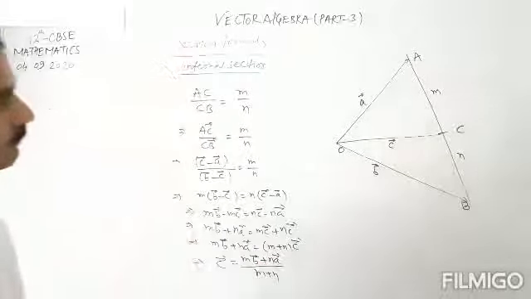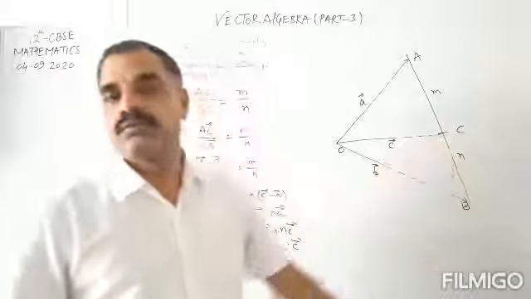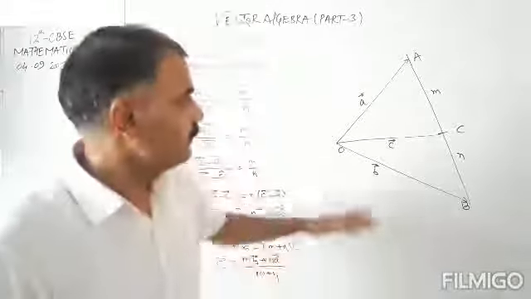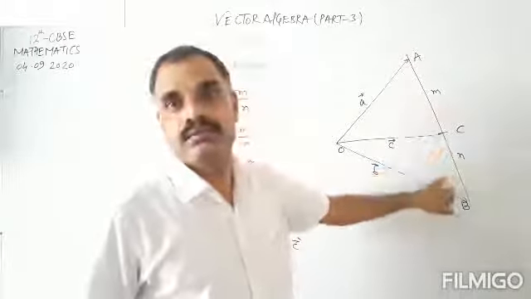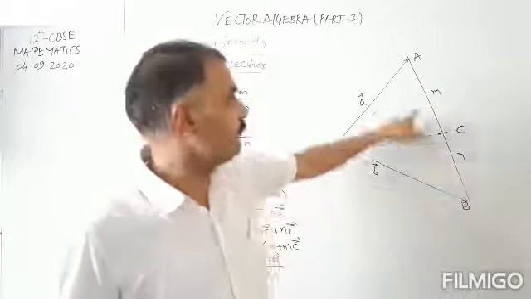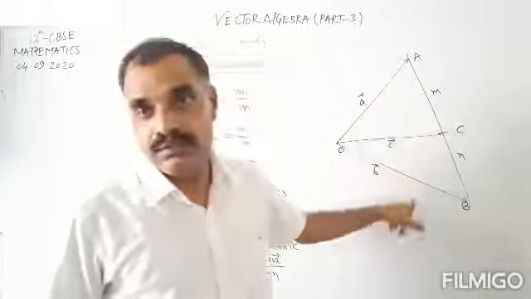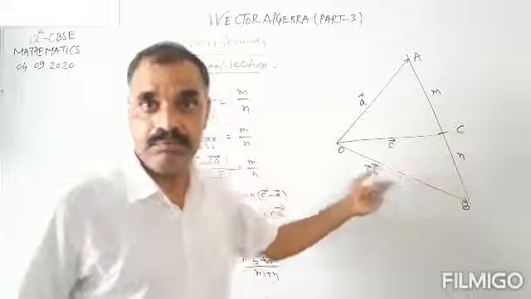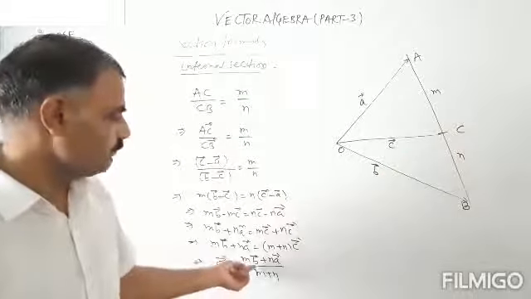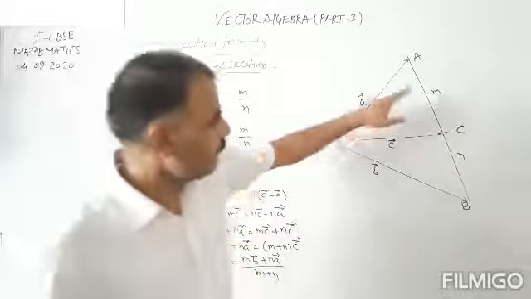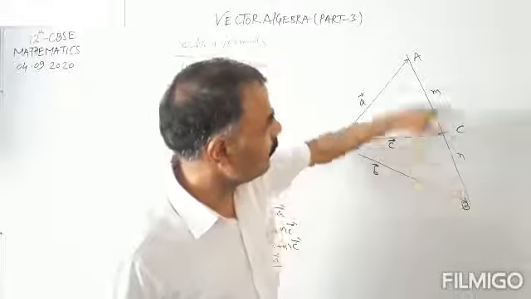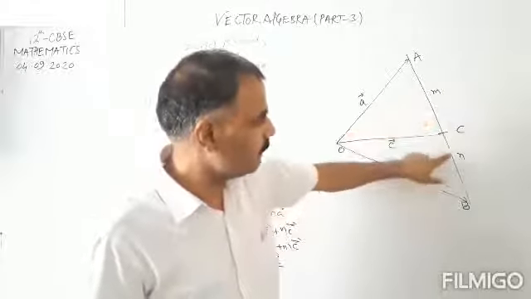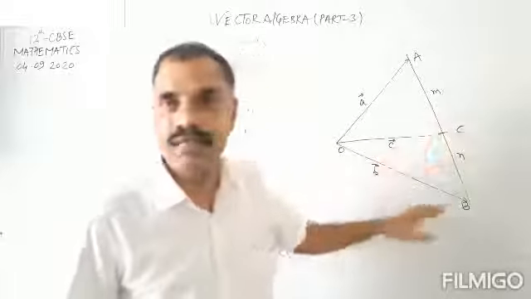So when the point C internally divides the line segment AB having position vectors A vector and B vector, then the position vector of C will be given by C vector equals (mB vector plus nA vector) divided by (m plus n).